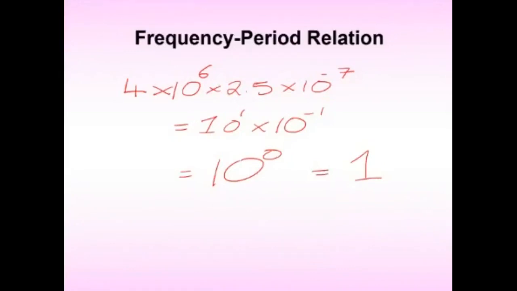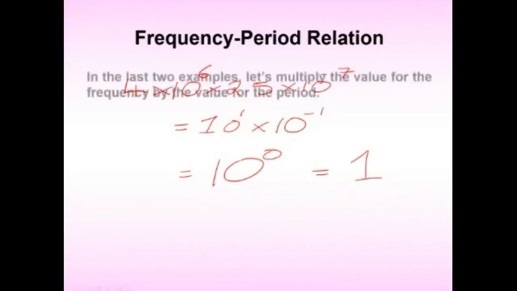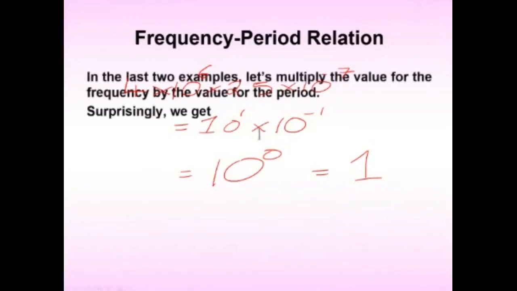If you multiply frequency, as long as you're doing the same event frequency, same event period, you have got to get a perfect one. If you forget rounding, that's why I use these ones, because there was no rounding. Perfect 4, perfect 2.5. So what's the relation between frequency and period?